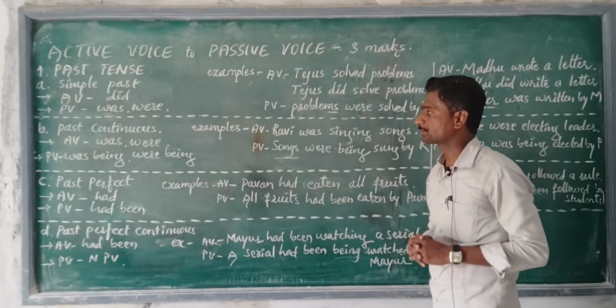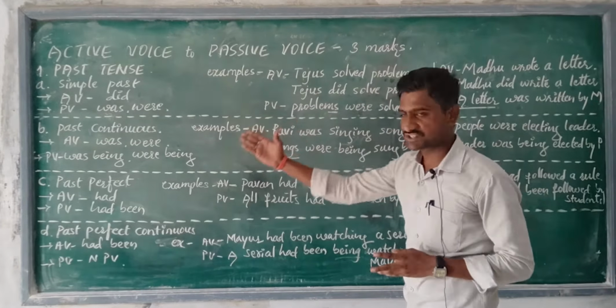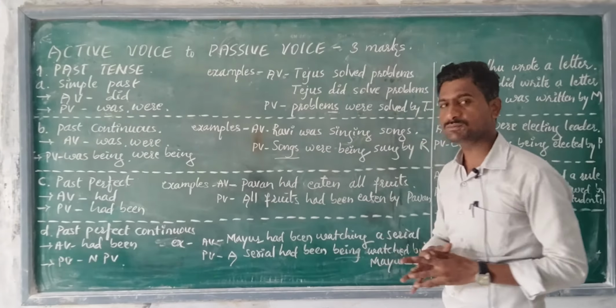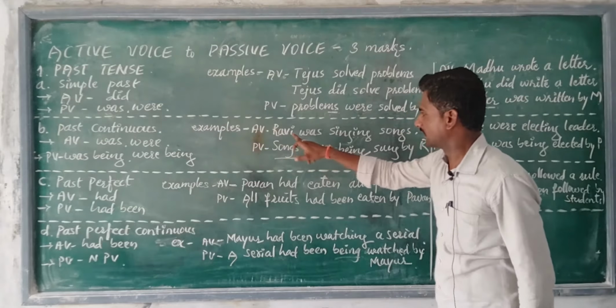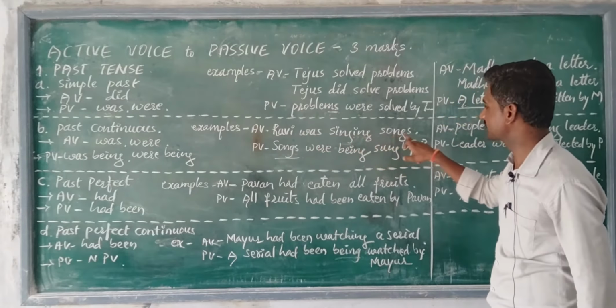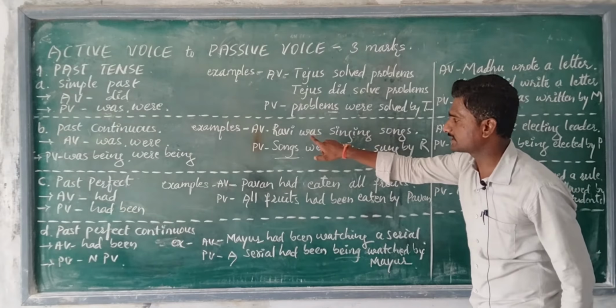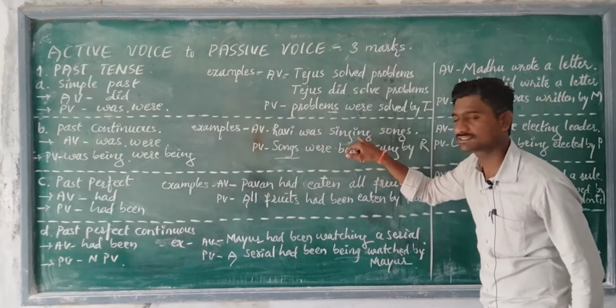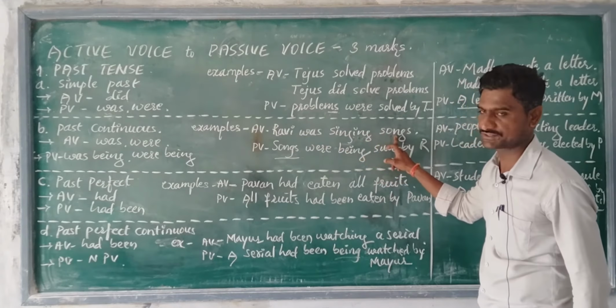Yes, let me explain examples for past continuous of active voice to passive voice. See, the first example, active voice: Ravi was singing songs. This is the past, and singing is the continuous. Past continuous. Ravi was singing songs.